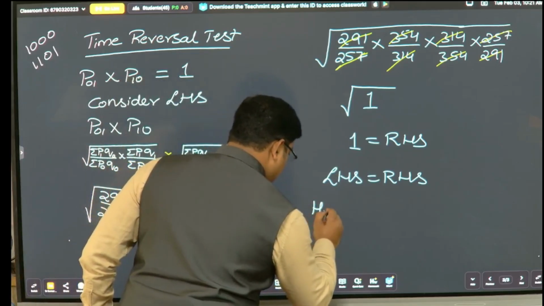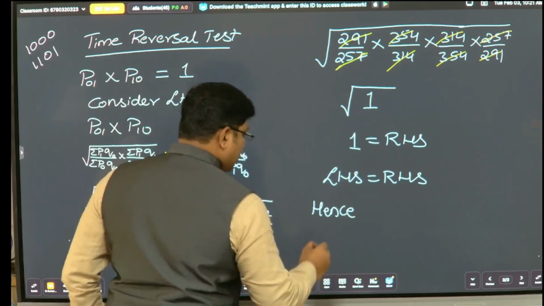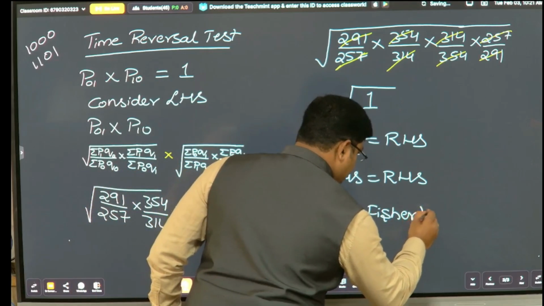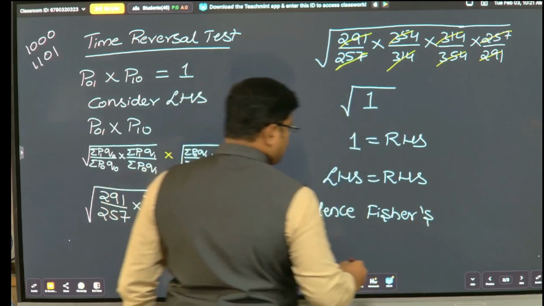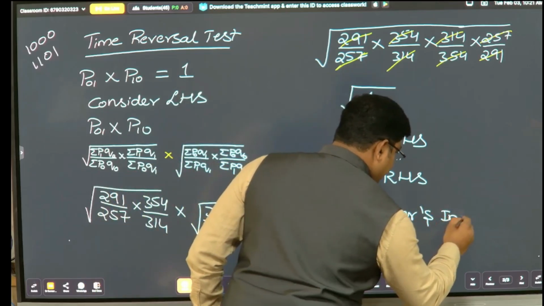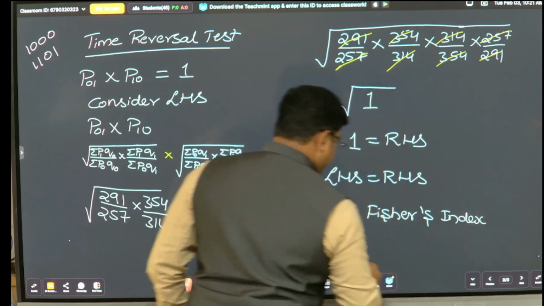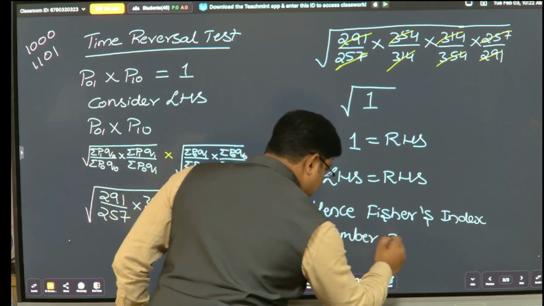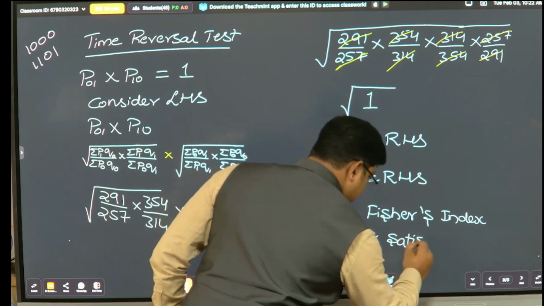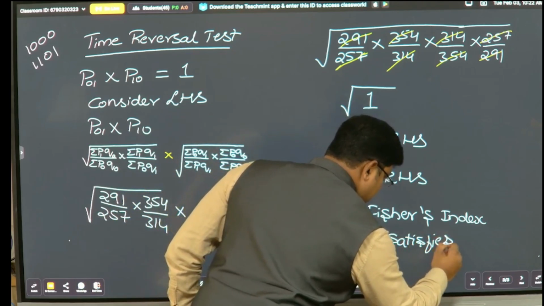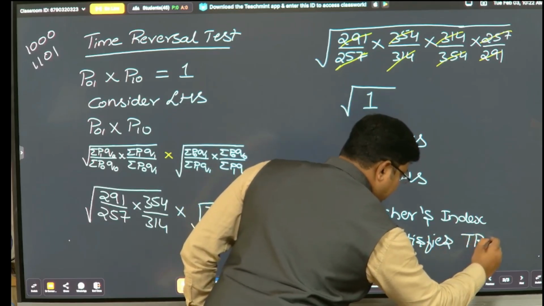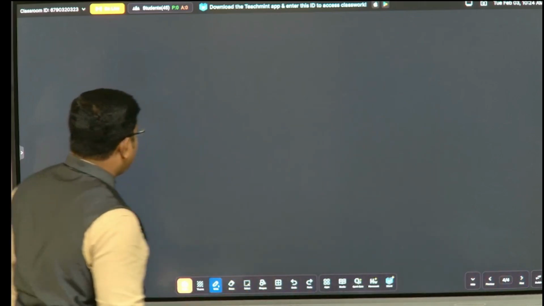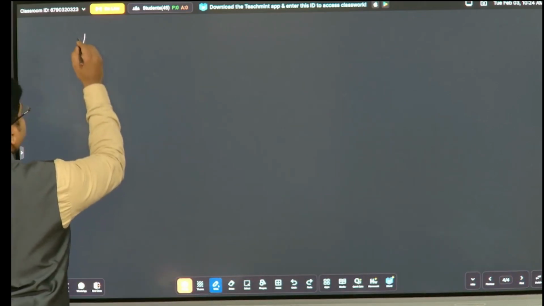Hence, Fisher's index number satisfies TRT. Okay, I'll take up the next slide and start with factor reversal test.